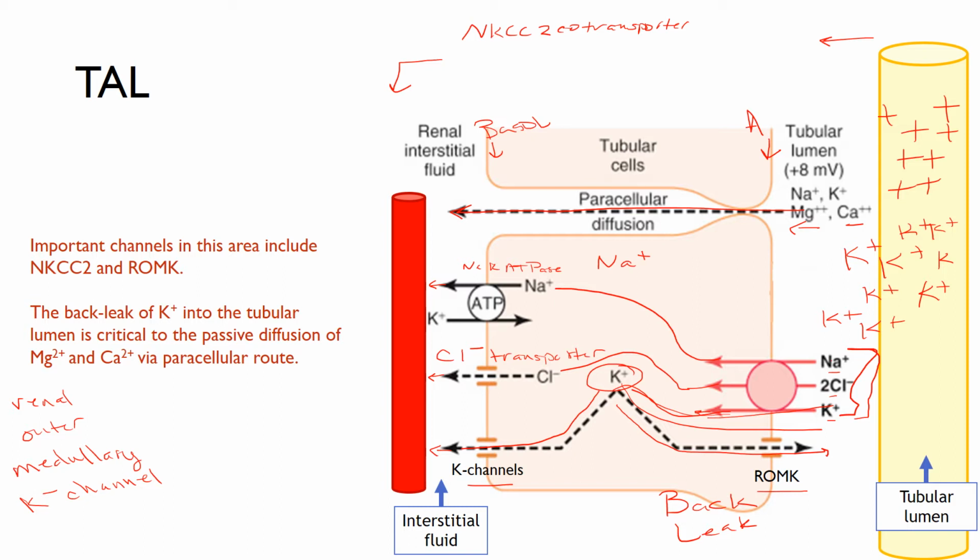And that is why we call this a passive diffusion, meaning it is passively getting diffused or passively moving away from all this positive charge to get away from something that is repelling it. And that, in a nutshell, is how our important solutes, including sodium, chloride, potassium, magnesium, and calcium, get reabsorbed in the thick ascending limb. Next, we're going to go into the distal tube.